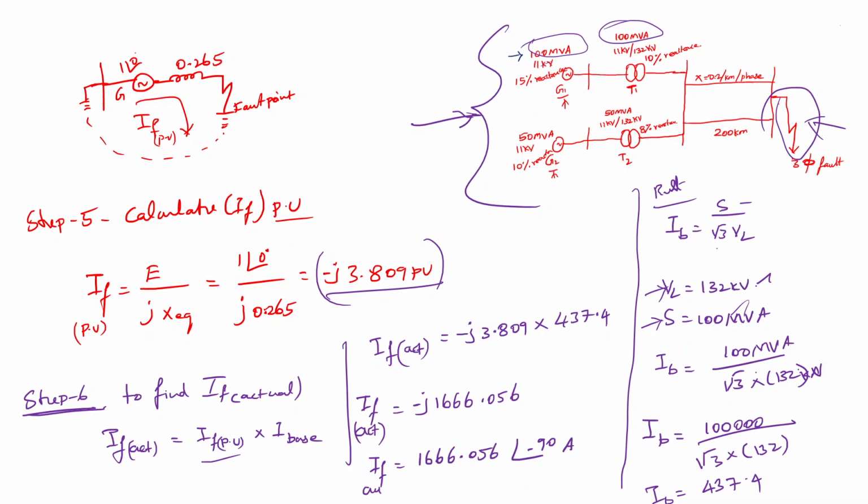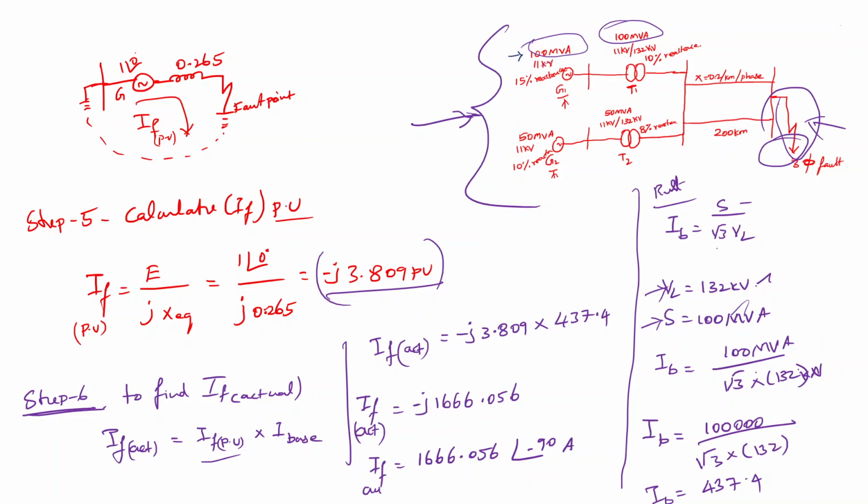So a protecting device or circuit breaker you want to put here should be rated for more than this value. If the current comes in that range, it should disconnect from other networks. That is the conclusion of finding out the IF value here.